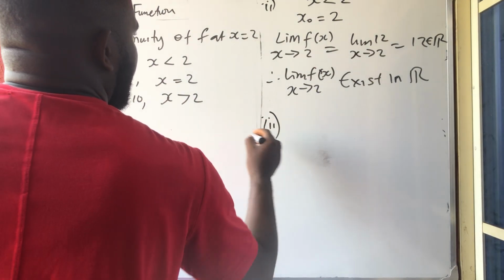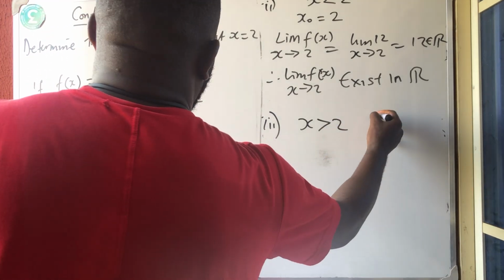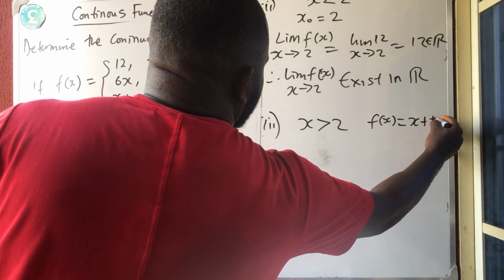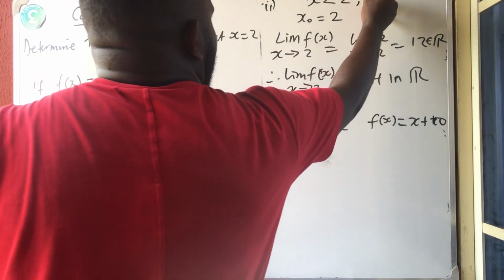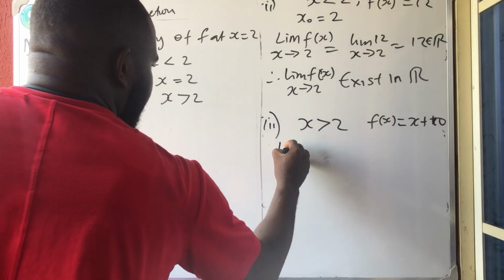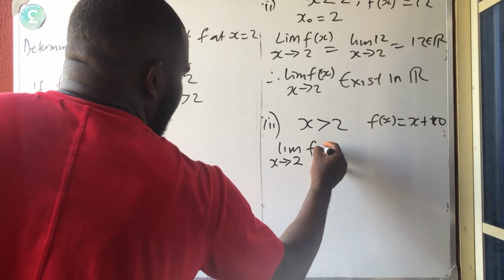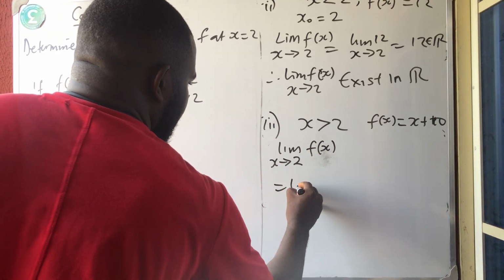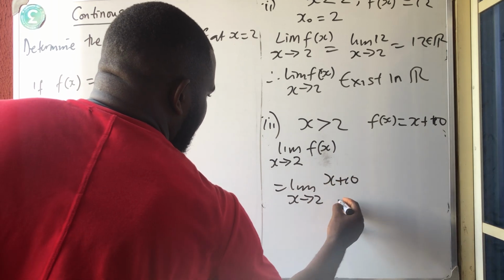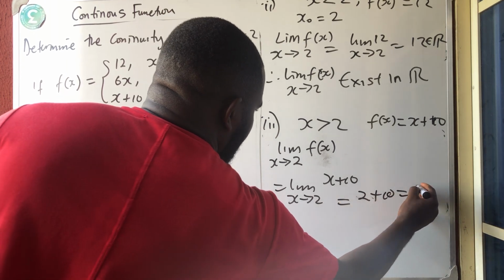Then the third one, we are still using limit. When x is greater than 2, we have a function that f of x is equal to x plus 10. So let us take the limit here. The limit of x tending to 2 of f of x, which is the limit of x tending to 2 of x plus 10, which is simply 2 plus 10, which is 12.